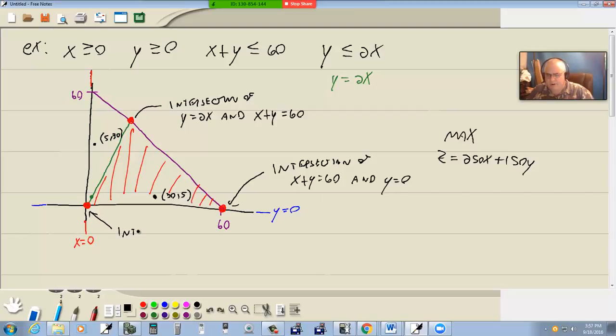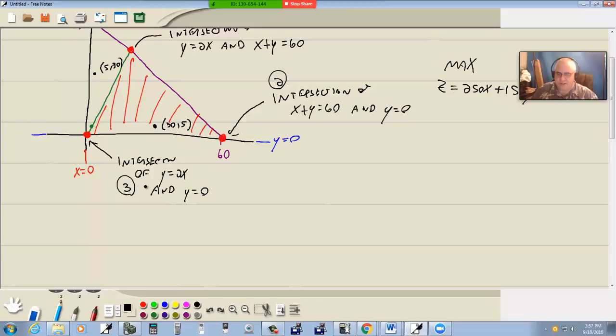Now this point right here is the intersection of the green line, y is equal to 2x, and the x-axis, which is y is equal to 0. Okay, so we got 1, 2, and 3.